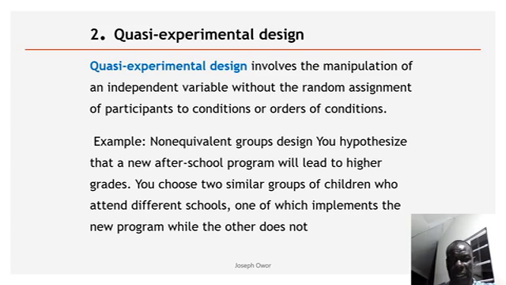What is quasi-experimental design? It involves the manipulation of an independent variable without the random assignment of participants to conditions or orders of conditions. It is called quasi because one element that was in the experimental design is missing, the randomization.